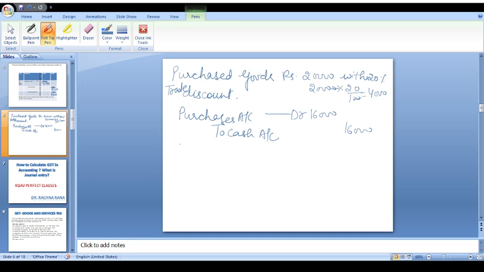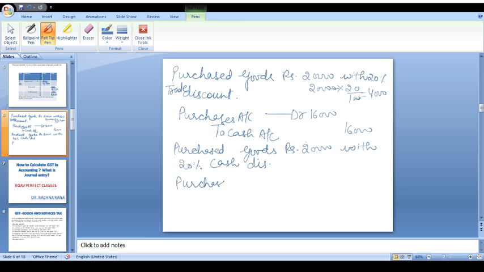But if the question says purchased goods rupees 20,000 with 20% cash discount, then the entry will be passed like this: purchases account debit to cash account, to discount account.